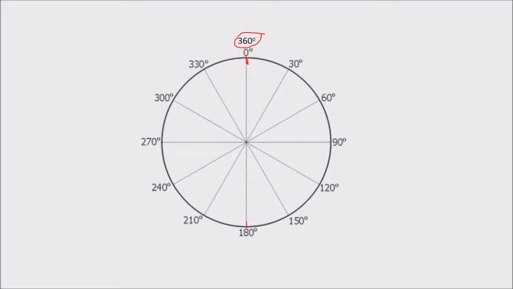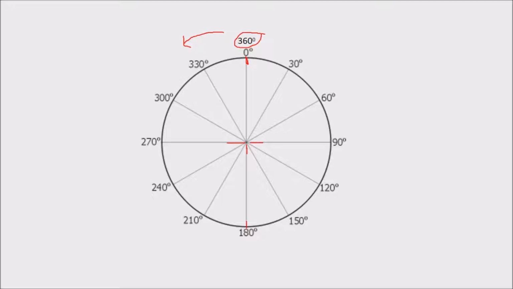So if you were going to 90 degrees, it'd be here, and then that's the 180, which is down that way, and 270 would be going that way. Now, if you were going to go backwards on the circle, going in this direction, you would actually call that negative whatever degree.